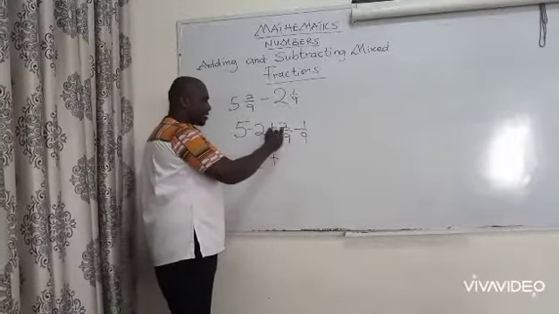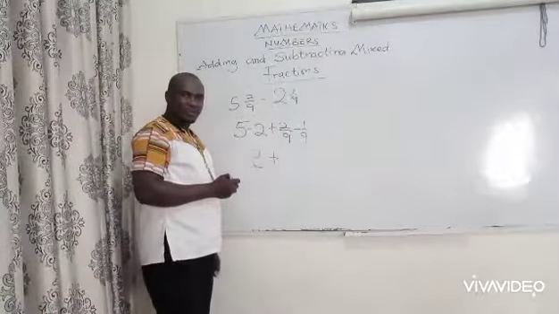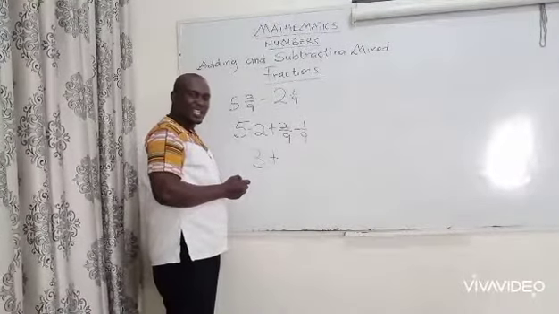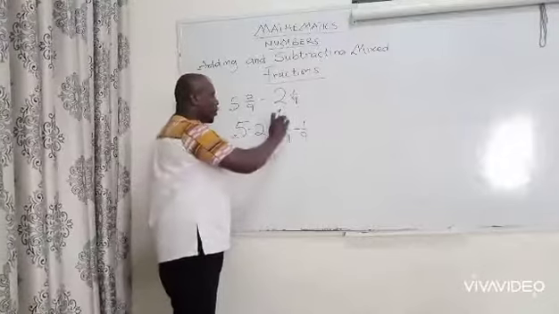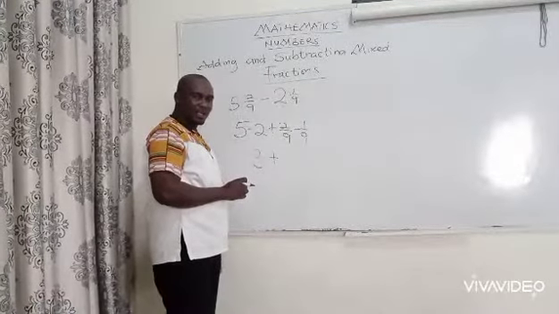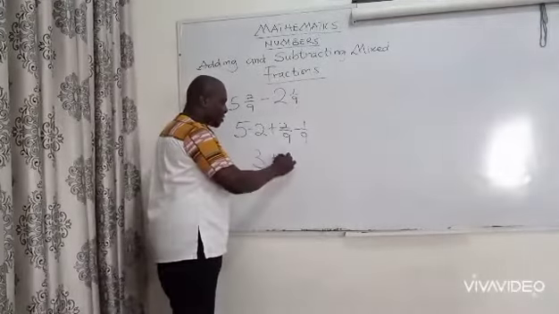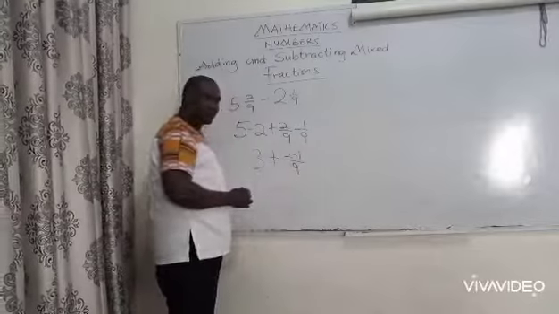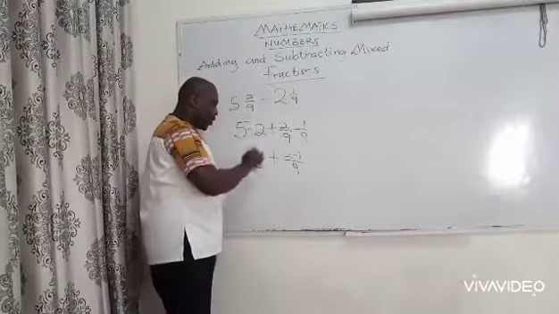Plus, in our previous lesson, we learned that if you have fractions with the same denominator, you work out the numerators and you pick only one of the denominator. So we have 2 minus 1 all out of 9. What do we get next?